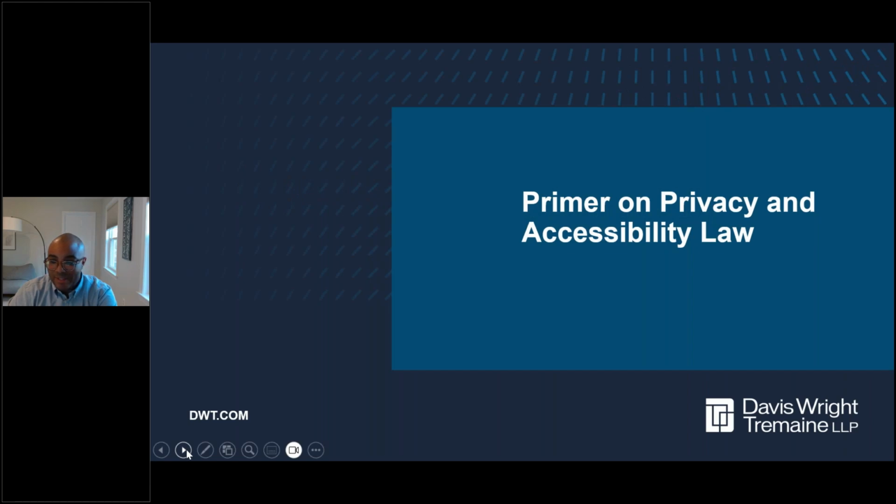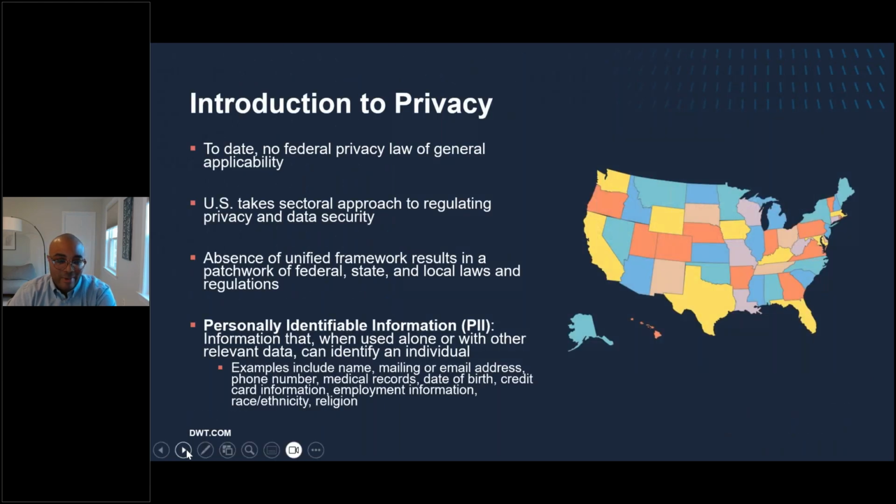So first, turning to privacy, it may be helpful as a point of background to step back and explain what the privacy regime is like here in the United States and how it may differ from other places.